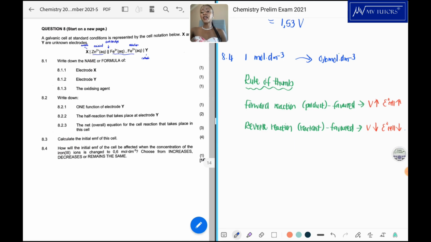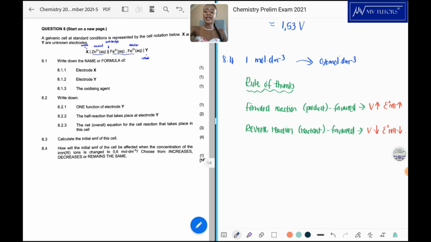If you have a forward reaction or product favored, your voltage reading will increase, or rather your E cell will increase. But if you have reverse reaction or reactant favored, in our case, then your voltage will decrease or your E cell will decrease. These are things that you should remember. This is the theory that you should remember. Please engrave it in your minds. Cement it in your minds. Do not forget this.